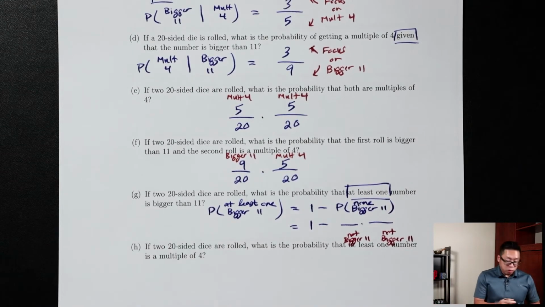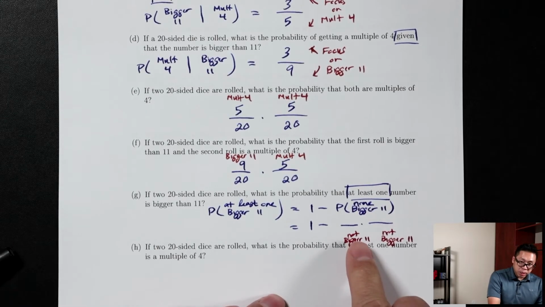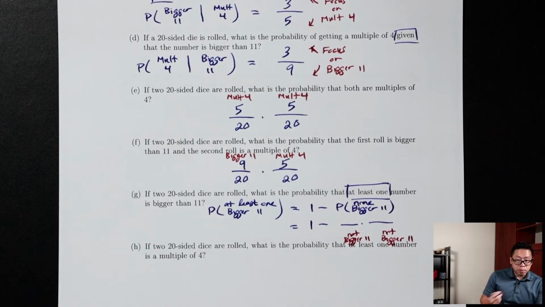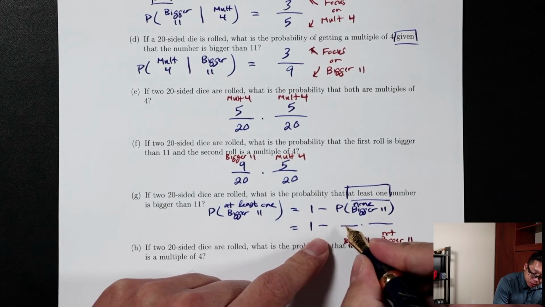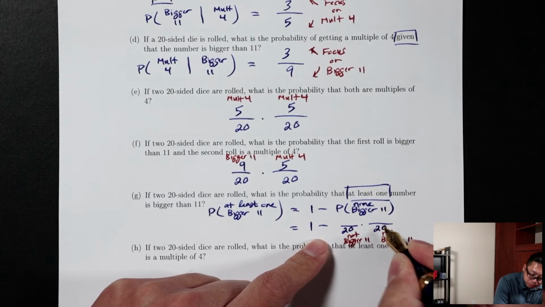That's what it means for 2 dice, none of them bigger than 11. The bottom of the fractions, how many different numbers can I get? That's going to be 20 for both because we don't have to reduce for dice.